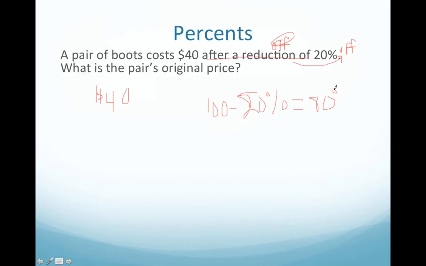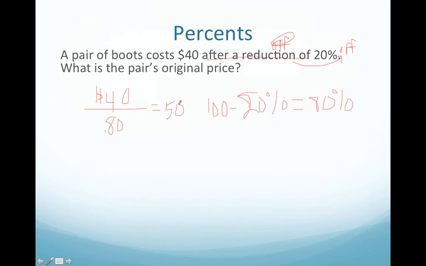Okay. So if you got 20% off, that means you got to pay for 80%. So we can take 40 and divide it by 80%, or 0.80, and then that'll give us 50. So that's one way you can do it.